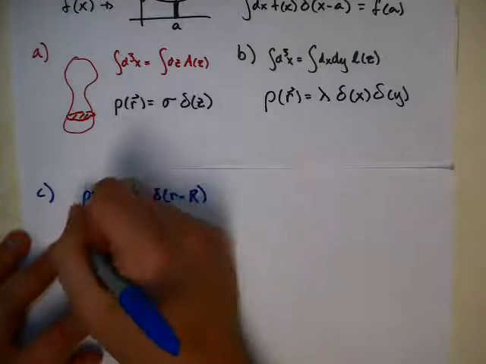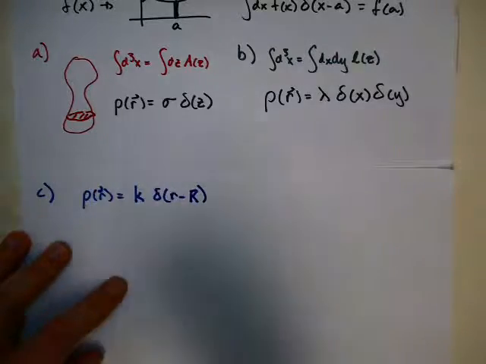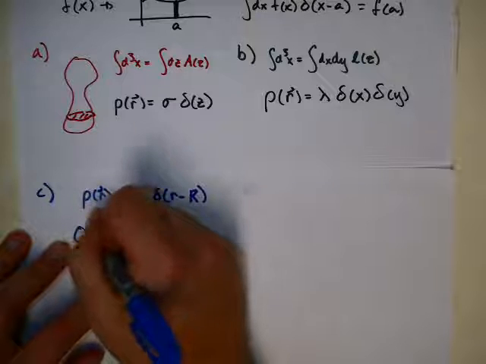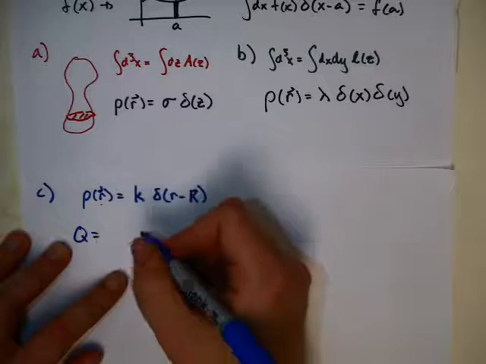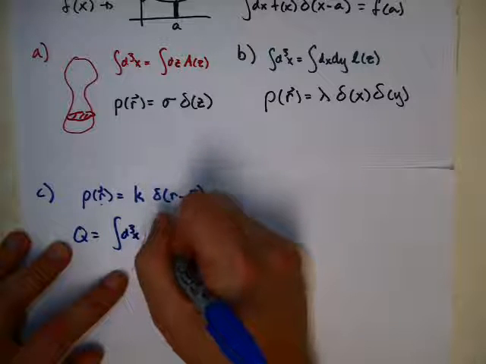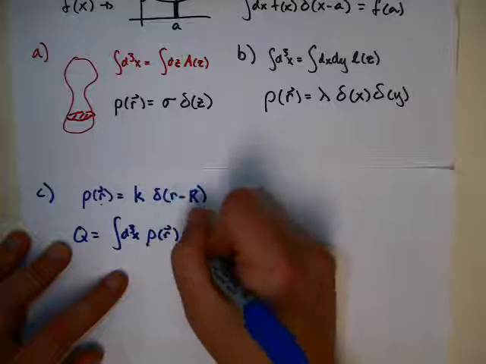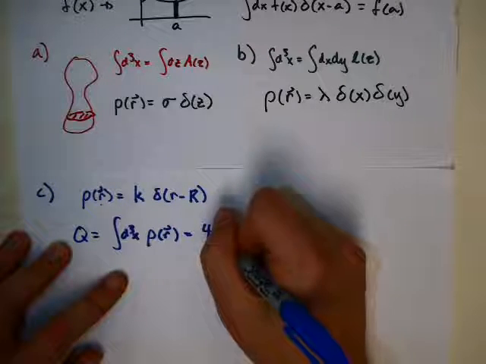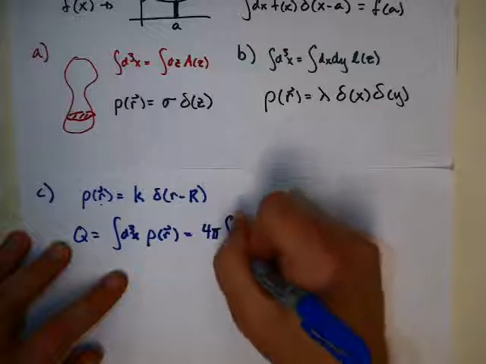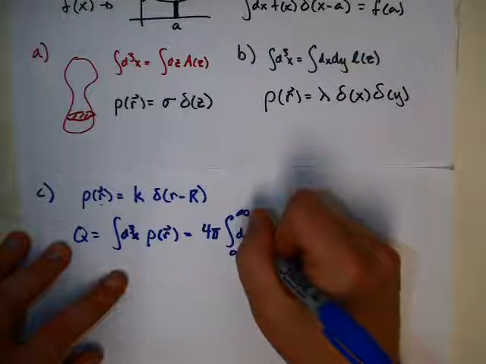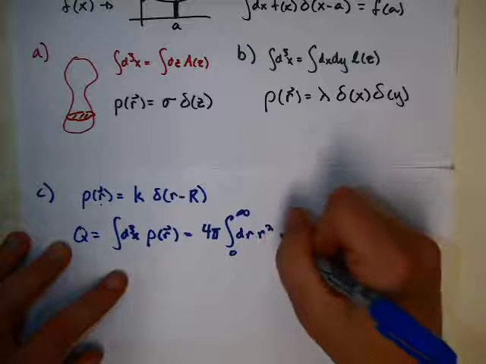To do that, I simply do my typical approach: I find the definition of total charge in terms of the charge density. This is integral d3x of rho of r. In spherical coordinates, without the theta and phi dependence, this d3x becomes the integral from 0 to some big number, whatever it needs to be, dr r squared.